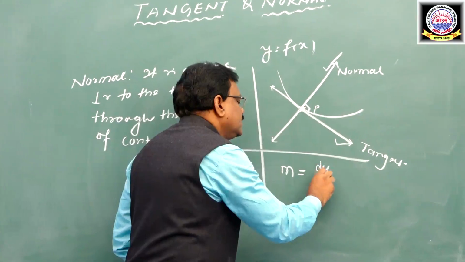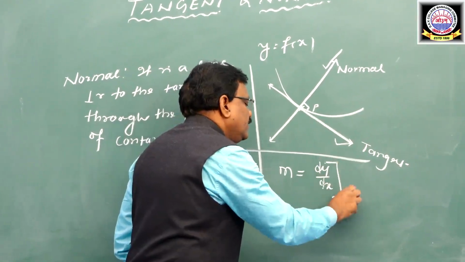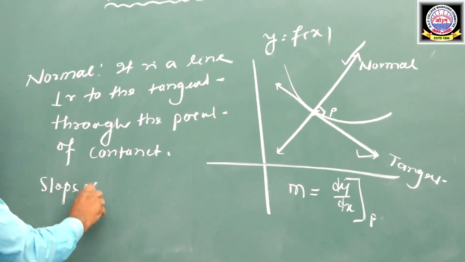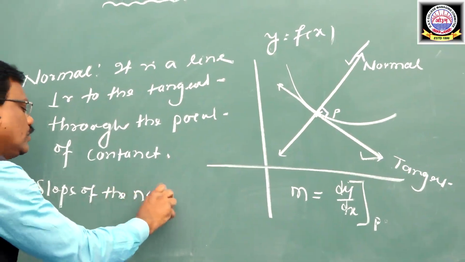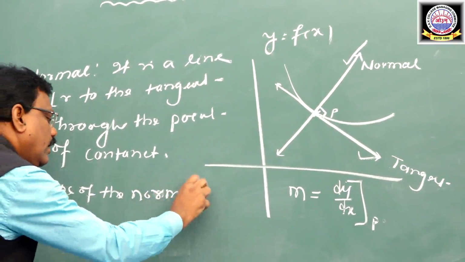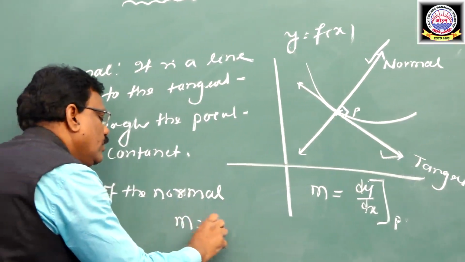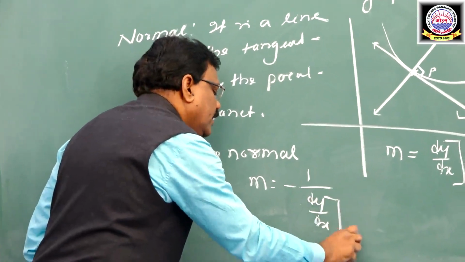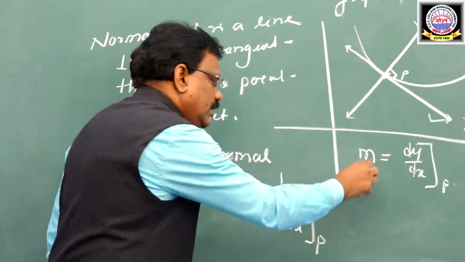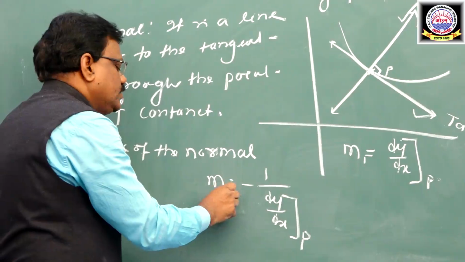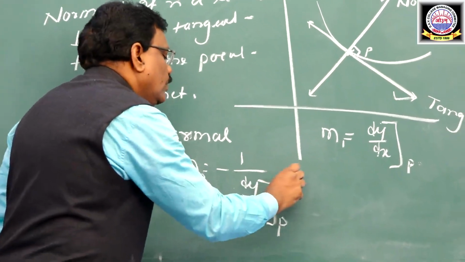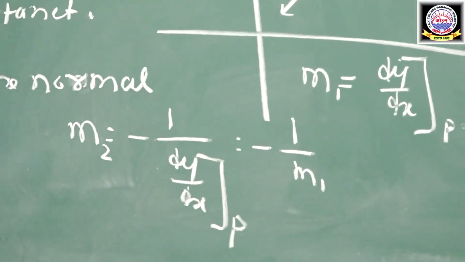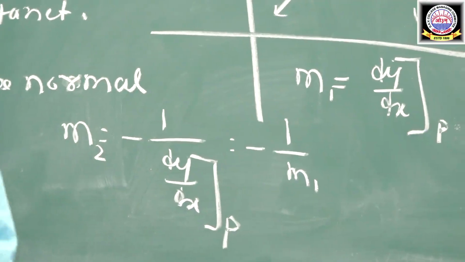So the slope of the tangent is equal to dy by dx at a particular point P. Similarly, I can write the slope of the normal: m is equal to minus 1 by dy by dx at the particular point P. Or if the tangent slope is m1 and the normal slope is m2, then m2 is equal to minus 1 by m1, because the product of m1 and m2 is equal to minus 1.